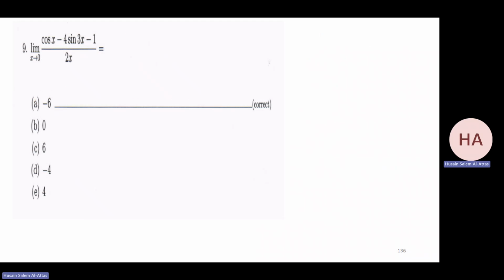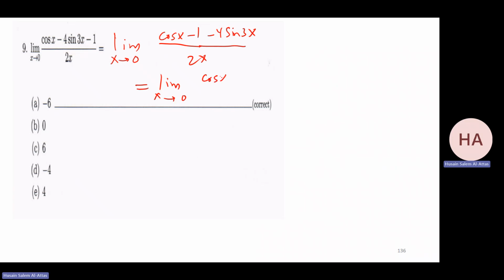This one, you need to rewrite it. I know that cosine x minus 1 minus 4 sine 3x, I can rewrite it this way, and then the limit as x goes to 0 of cosine x minus 1 over x times half, minus 4 sine 3x over 2x.